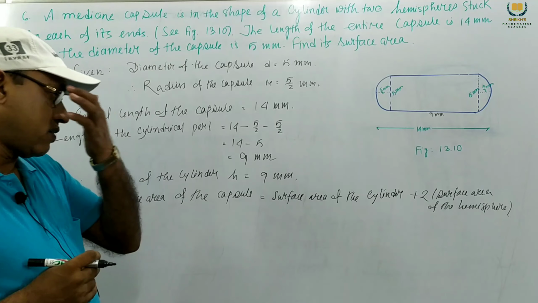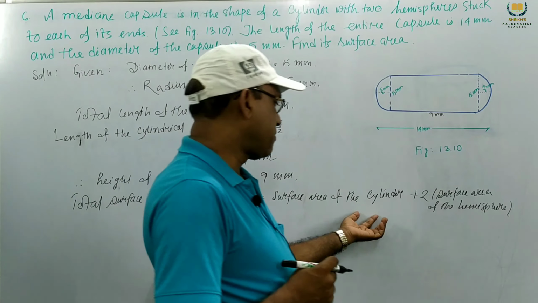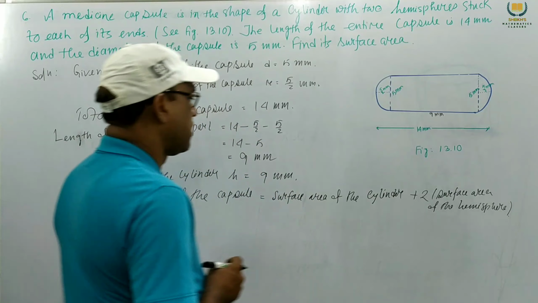Surface area of the cylinder plus 2 into surface area of the hemisphere.